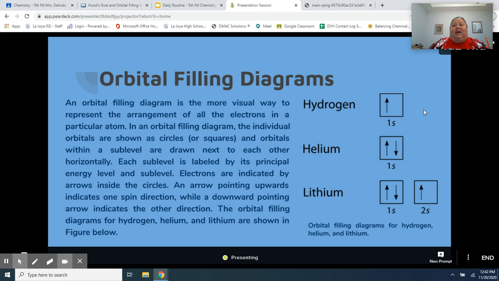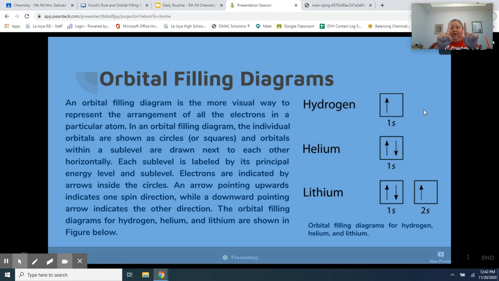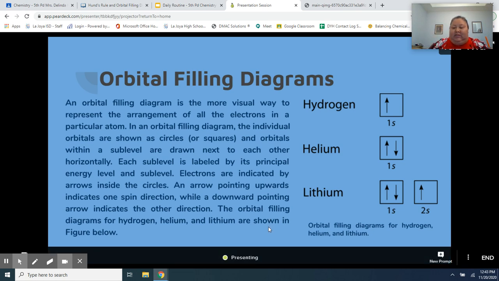Remember, guys, I should never see one box with arrows pointing up or arrows pointing down, both of them. There's always 1 and 1. One goes up, the other goes down. Now remember, I can never have more than 2 electrons in one box, in one orbital. I can have less, but never more. Remember that when you see the next slide.